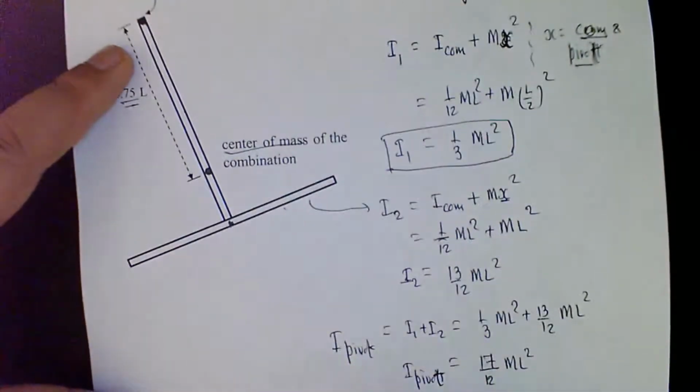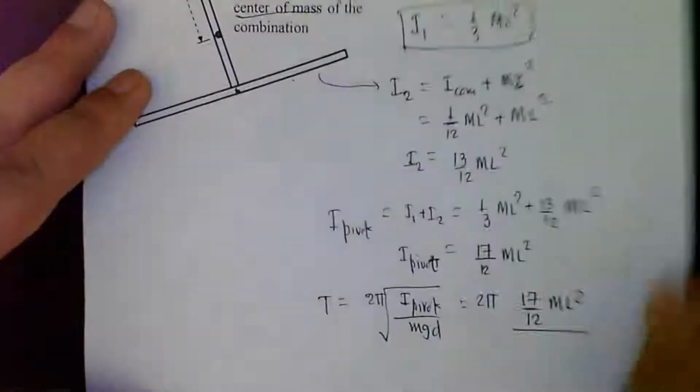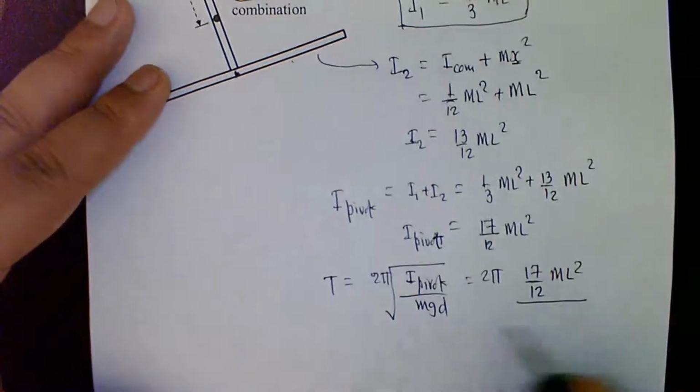So back to the period formula. The time period for this combined system is 2 pi square root of I pivot divided by m g d, and I pivot total is 17/12 m L square.